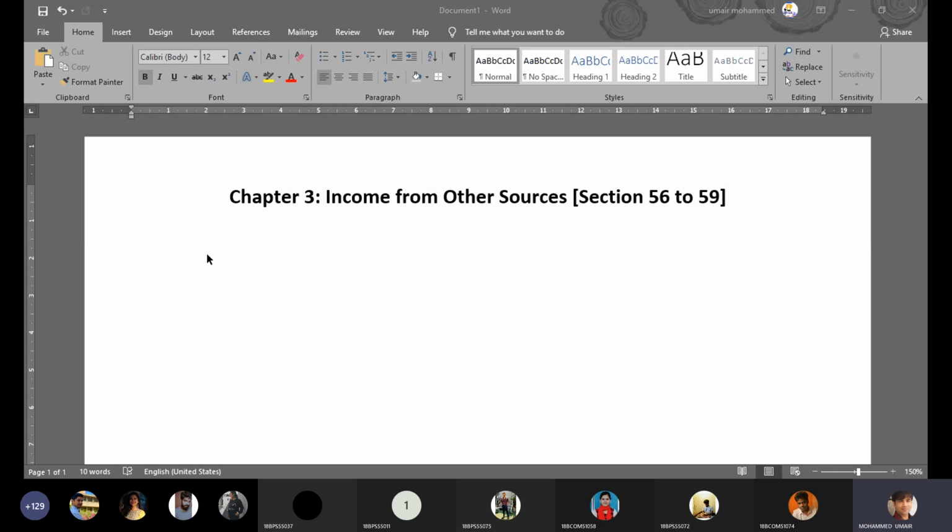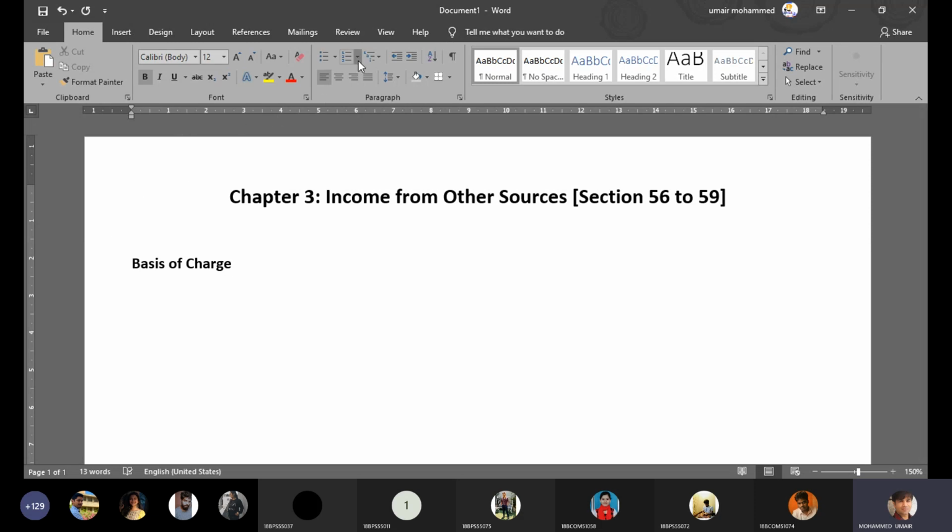So every head of income has something called basis of charge, something which we have been studying every time we begin a new chapter. So basis of charge basically tells us the defining criteria.